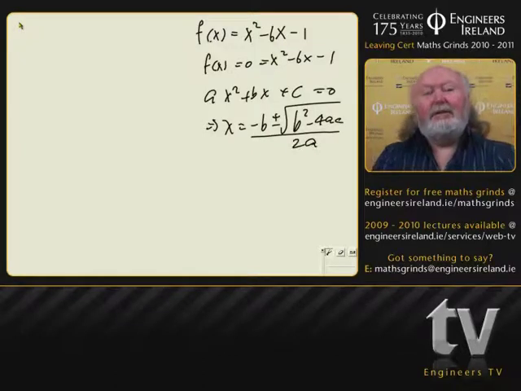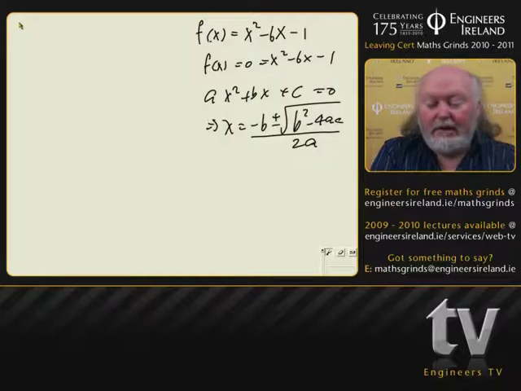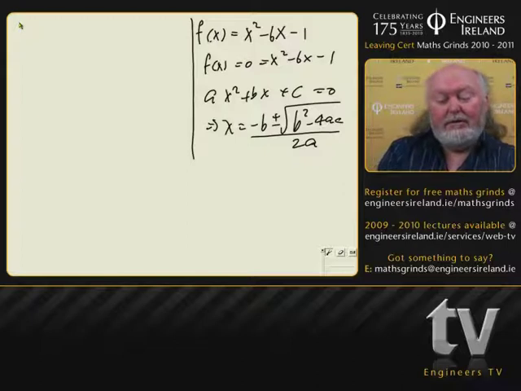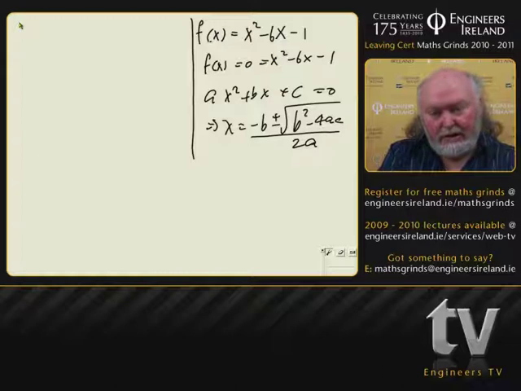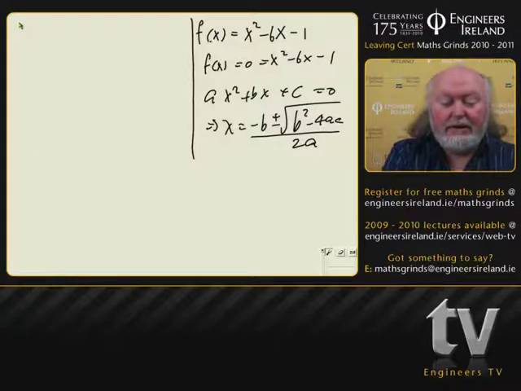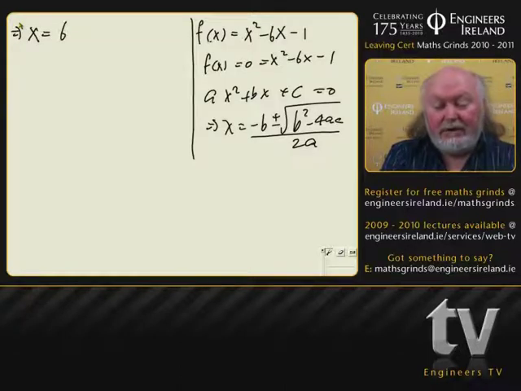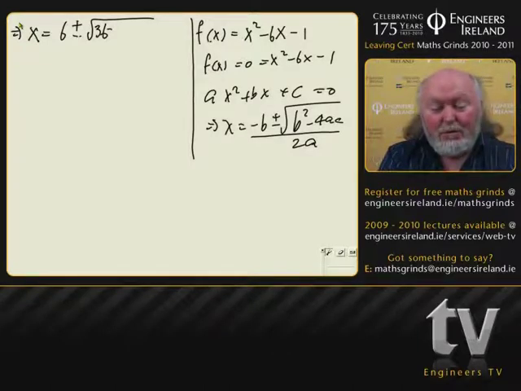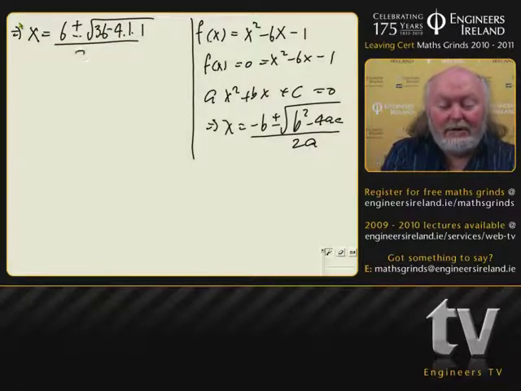Now, I generally have a habit when there are supporting equations that I require, I have the habit of putting them on the right hand side so as to inform my mathematics, which is the solution of the problem, which will generally run down along the left hand side of the page. So in this case we're saying that implies x is equal to minus b, which is going to be 6 because it's minus minus, plus or minus the square root, and we're saying 36, is this correct, minus 4 by 1 by 1. Now the real thing I want you to see is over 2a.